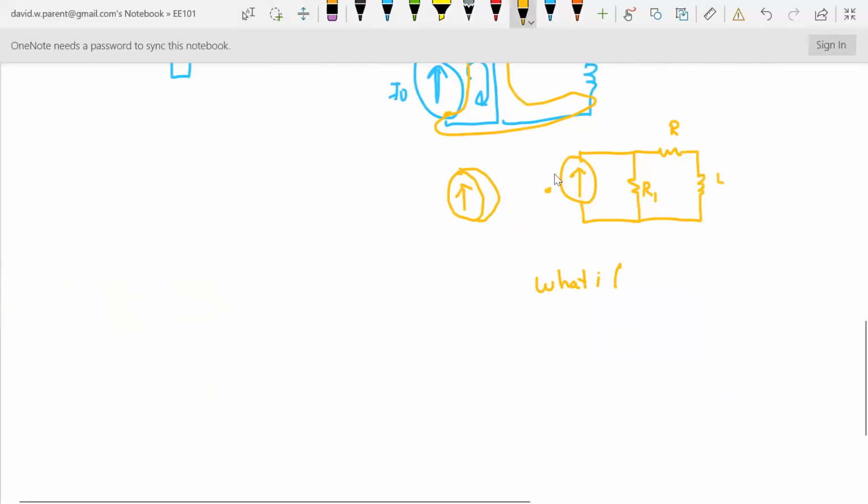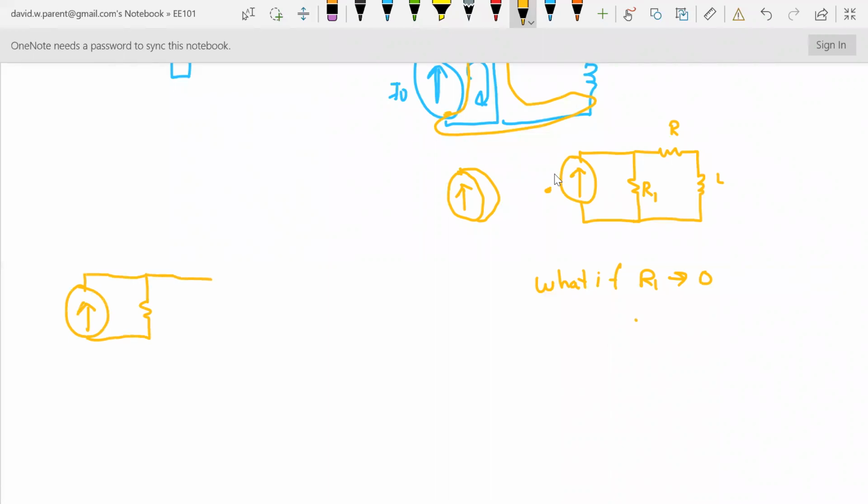What if R1 goes to 0? I'm going to make it even simpler.